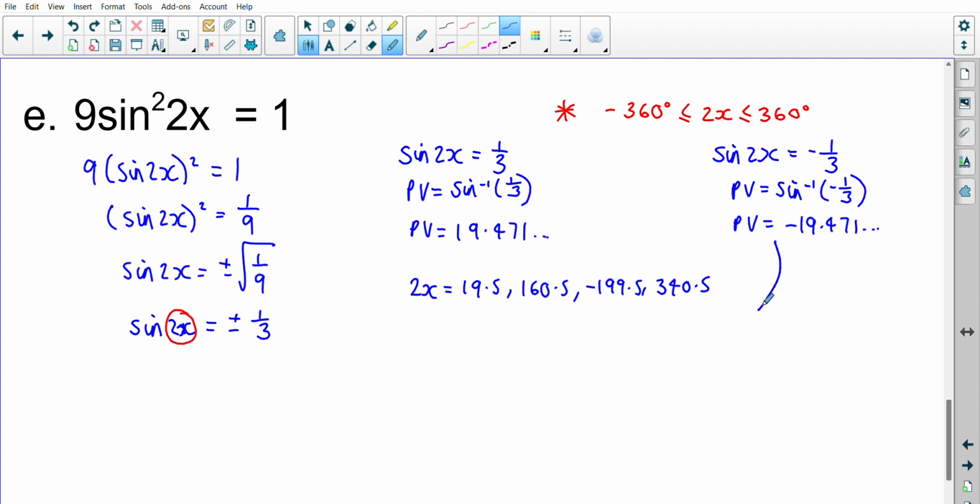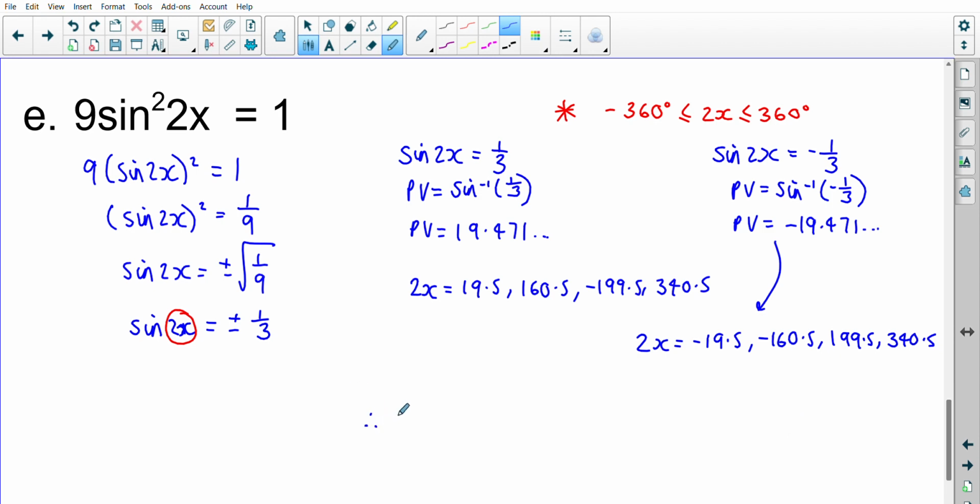So for this one, you will get 2x equals minus 19.5, minus 160.5, 199.5, and 340.5.